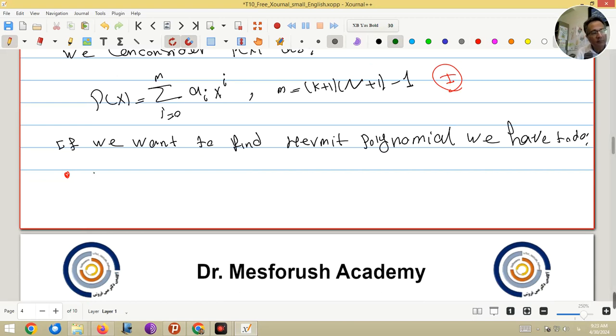So the first step, construct a polynomial like 1.